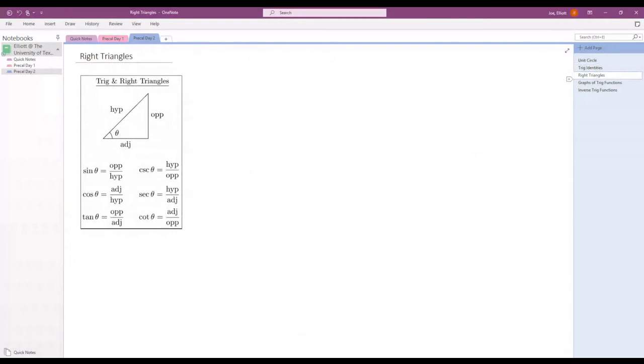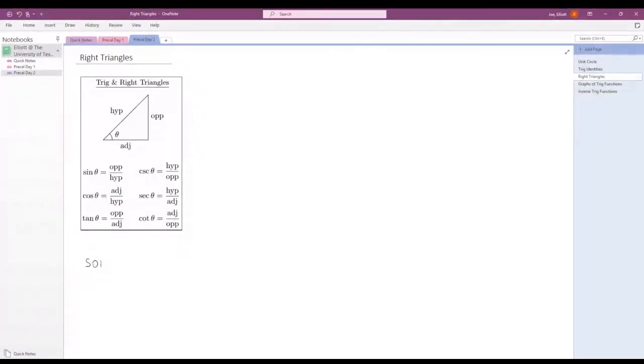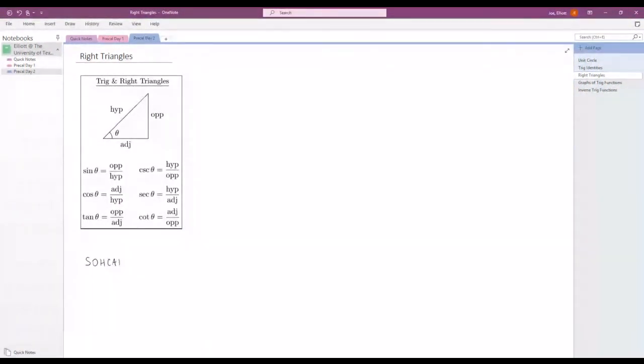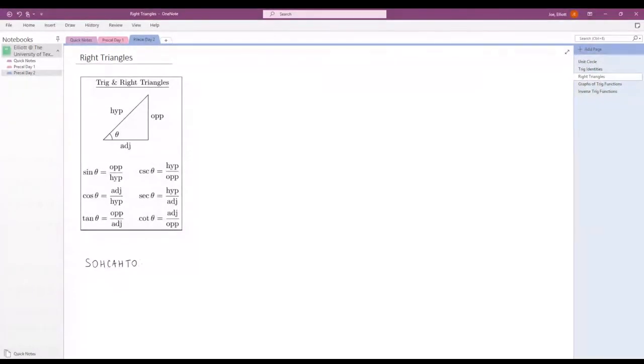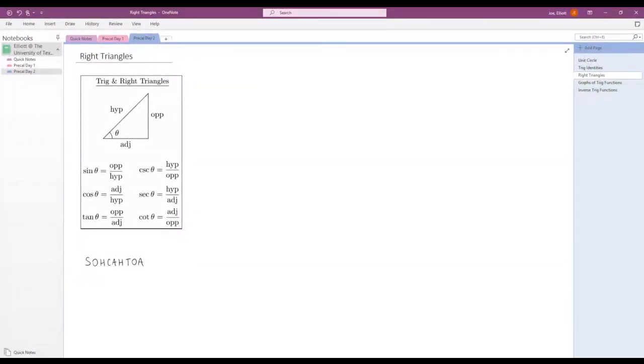All right. I guess most of you are familiar with the SOHCAHTOA thing, right? It tells you how the trig functions relate to right triangles. The SO is sine is opposite over hypotenuse, and cosine is adjacent over hypotenuse.